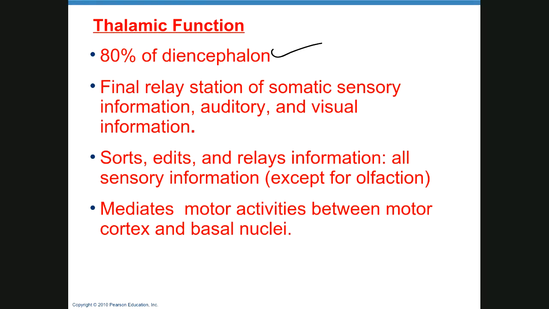Also, part of the basal nuclei are parts of the mesencephalon, which are below the cerebrum. So for information to go from the mesencephalon to the motor areas above, the neurons have to go through the thalamus. The thalamus is a mediator for these neurons. That's why it's called the final relay station.